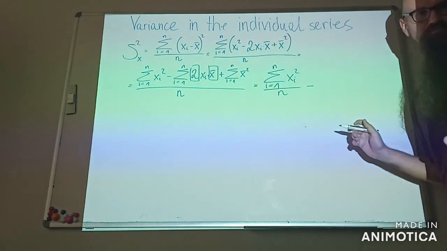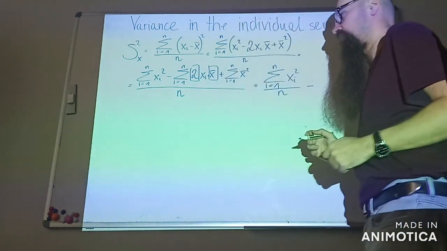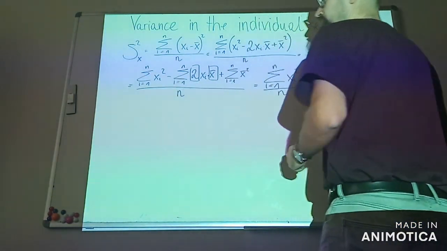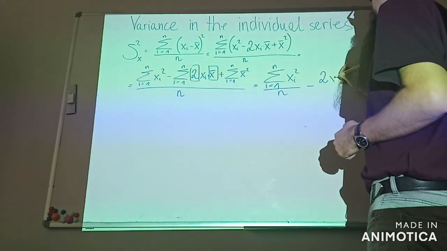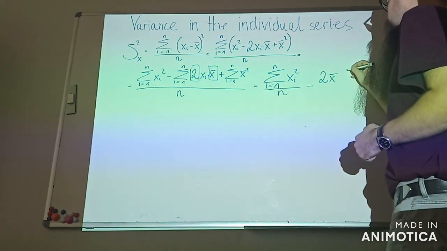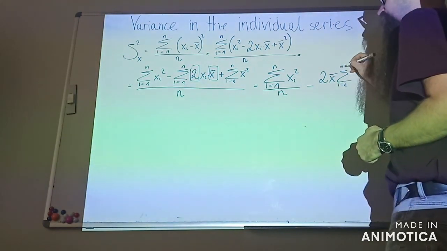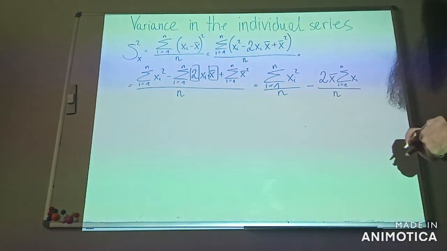So we can move these two constants before the operator of the sum. So we have 2 x mean multiplied by the sum from i equal 1 up to n of xi divided by n.